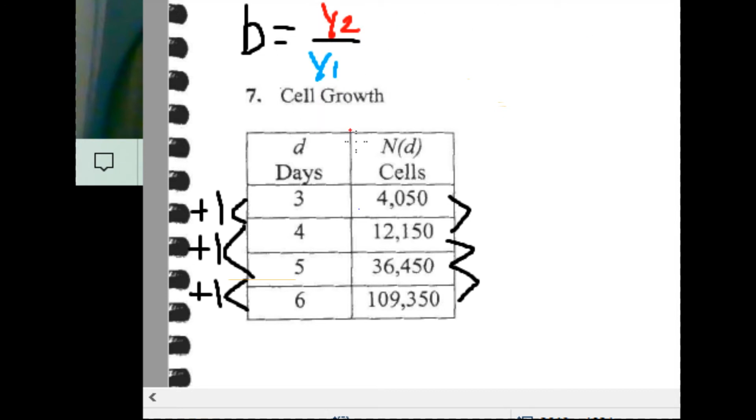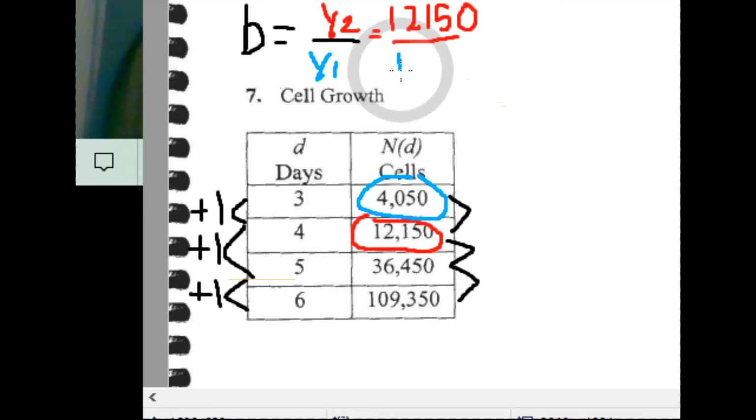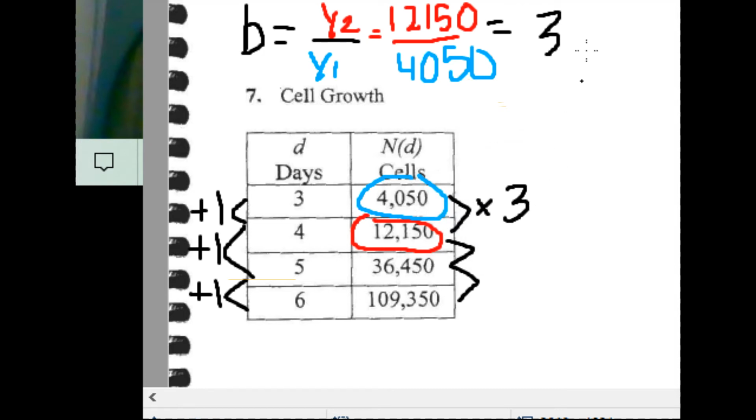Let's look at our second output here, 12,150, divided by the output that comes immediately before it, 4,050. Okay, check to see what that equals. You could plug it into your calculator, whatever you need to do. Okay, just plug it right in, 12,150 divided by 4,050, and that gives us 3. So I know to go from 4,050 to 12,150, I multiplied by 3.